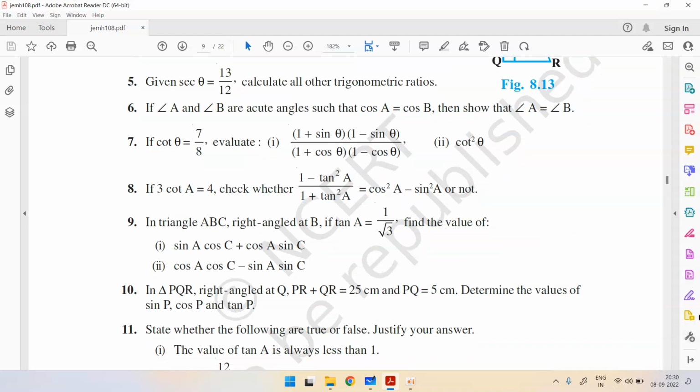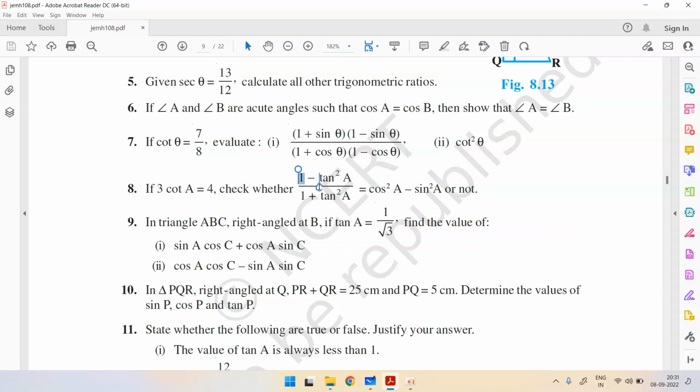Now, if 3 cot A equals 4, check whether (1 minus tan square A) by (1 plus tan square A) will be cos 2A.